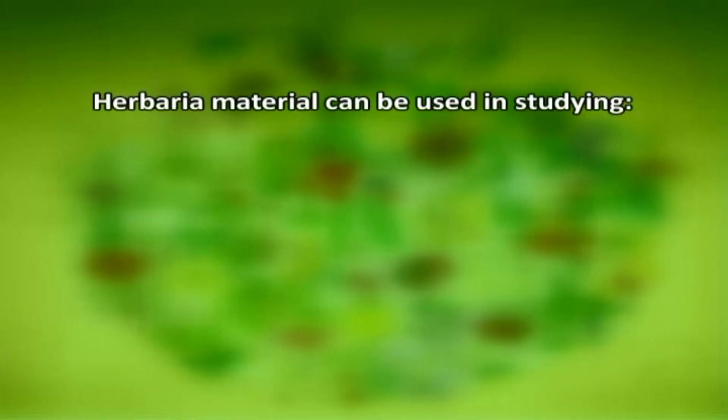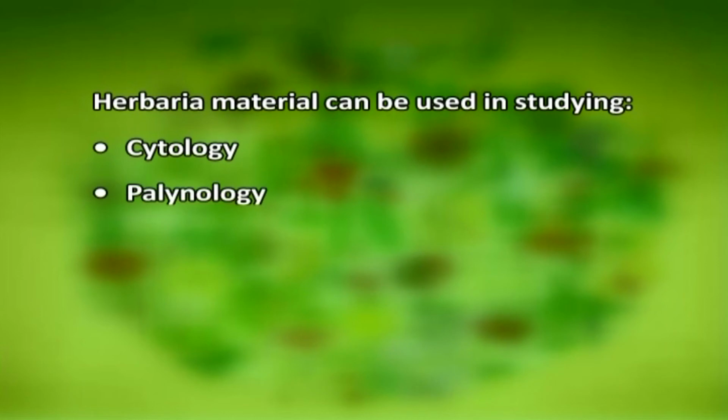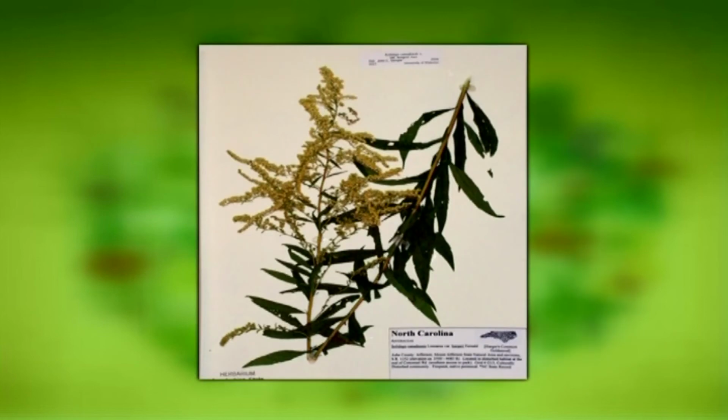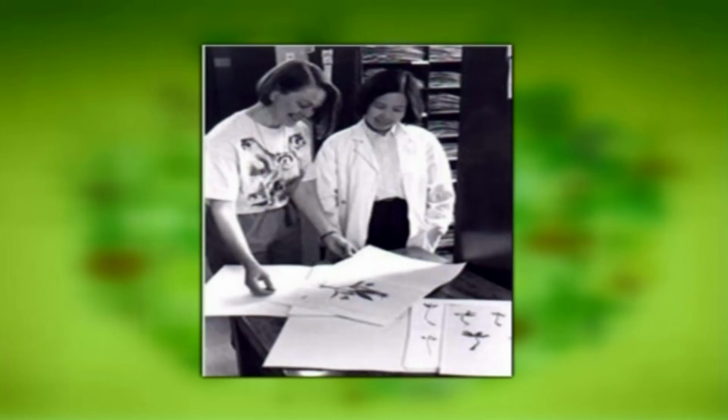The herbarium material can be used for many different studies. For example, the studies of cytology, palynology, anatomy, phytochemistry, or nowadays molecular biology. Herbarium specimens which are quite old, say 2 centuries old, they have been used for the extraction of DNA.